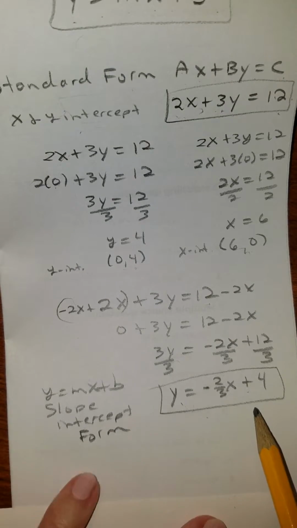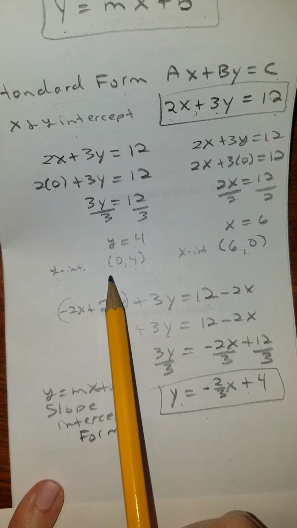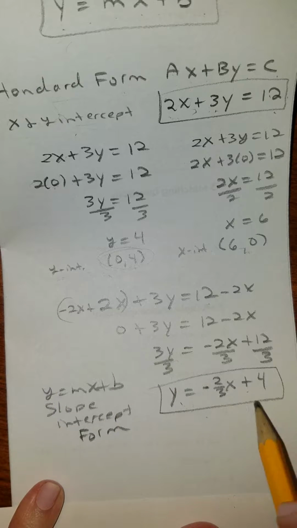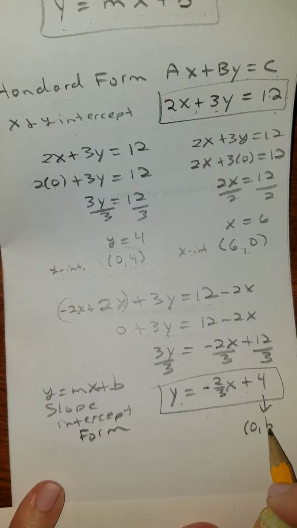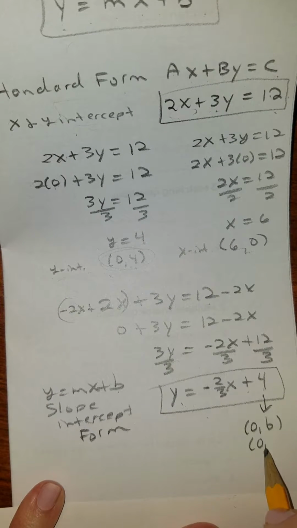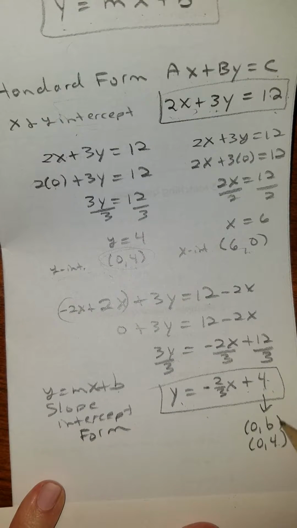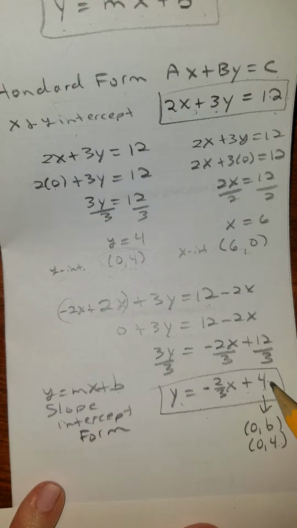Well, notice here, what did we say the y-intercept was when we plugged in? The y-intercept was (0, 4). So this b here, think of this as (0, b), right? In this case, the b was 4. So this right here is representing the y-intercept. When it's written in this form, you can immediately go to it and say, this is the y-intercept.